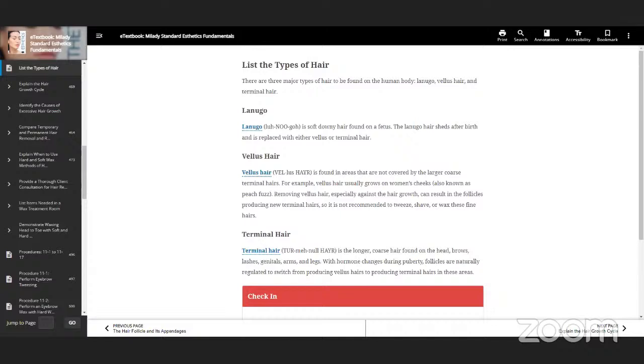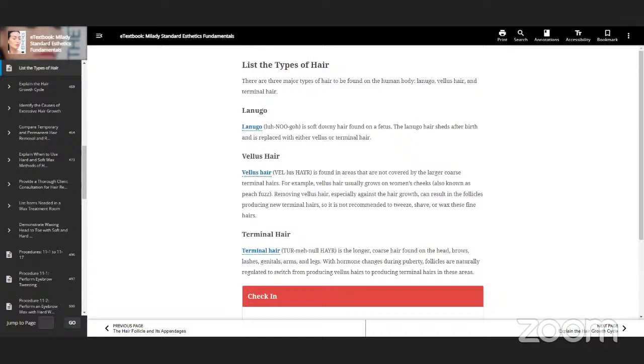Okay, and so for example, vellus hair usually grows on women's cheeks, also known as peach fuzz. Removing vellus hair, especially against the hair growth, can result in the follicles producing new terminal hairs. So it's not recommended to tweeze, shave, or wax these fine hairs. Oh, let's talk about it. What did this paragraph just tell us that we probably shouldn't be doing that we do?